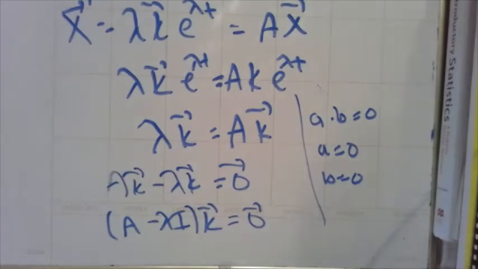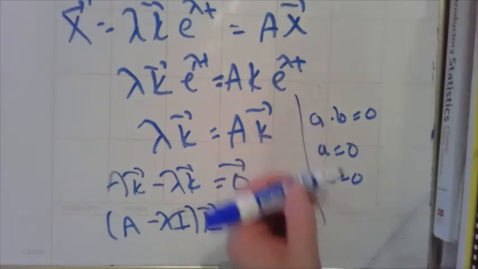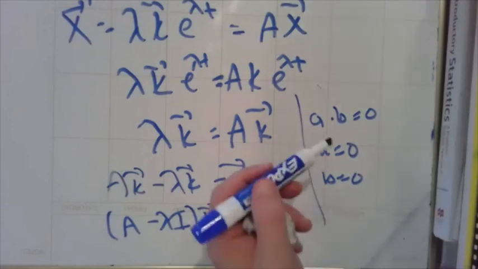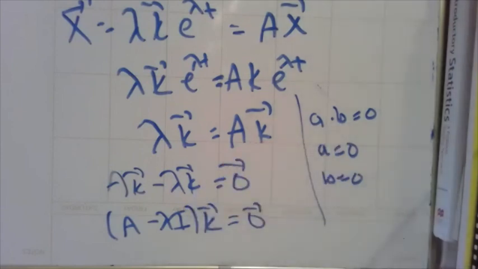This is what allows us to factor and solve quadratic equations. That property does not apply to matrices. Just because two matrices multiply to 0 does not mean one of them must be 0.